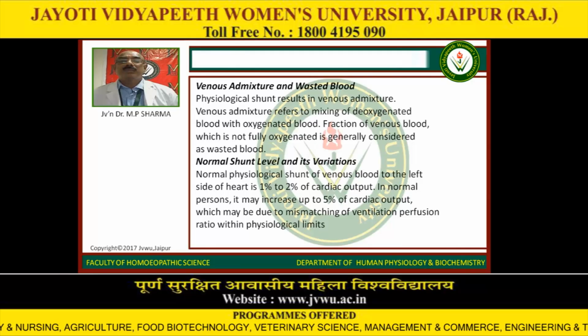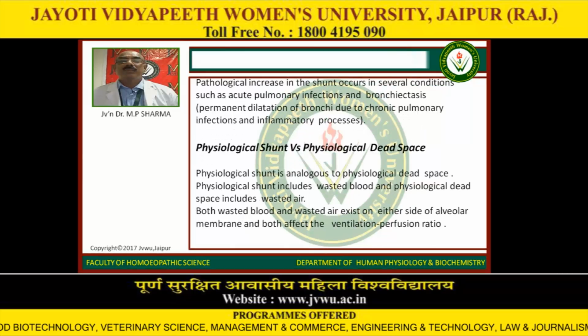Now, normal shunt level and its variations. Normal physiological shunt of venous blood to the left side of the heart is about 1% to 2% of cardiac output. In normal persons, it may increase up to 5% of cardiac output, which may be due to mismatching of the ventilation perfusion ratio within physiological limits.